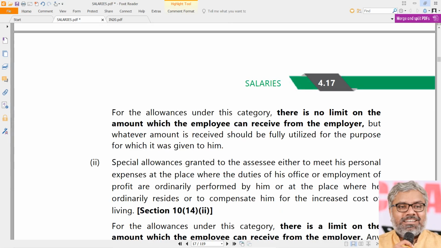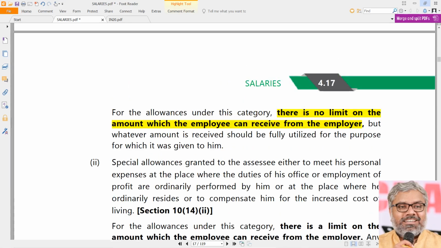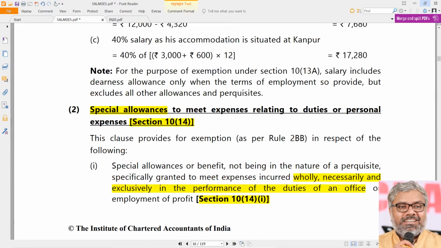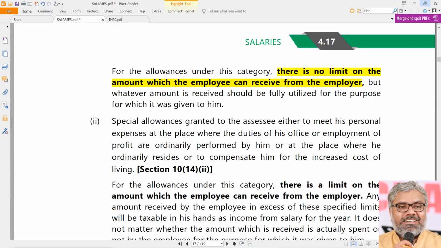So here, these type of allowances, there is no limit on the amount which the employee can receive from the employer. However, whatever amount received should be fully utilized for the purpose for which it was given to him. If it is utilized, we cannot say there is a personal benefit coming to the employee because he is using it for office purposes.